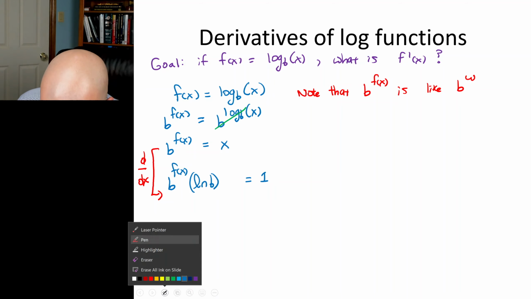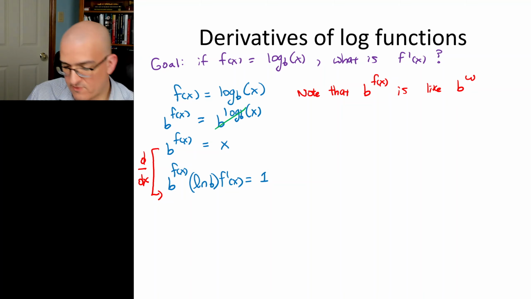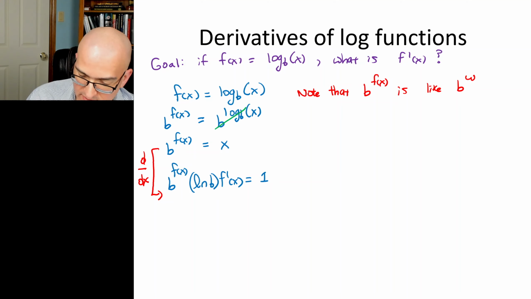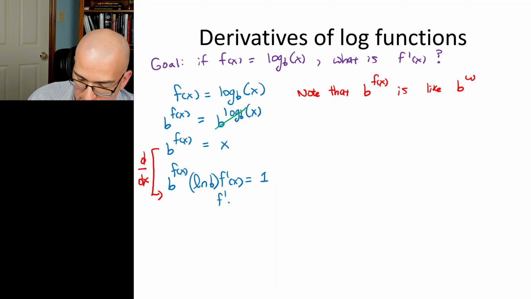My apologies. Force of habit, right? I want to get f prime of x all by itself. So I'm going to divide both sides by b to the f of x, and divide both sides by the ln of b. And I'll get 1 divided by b to the power of f of x times the ln of b.